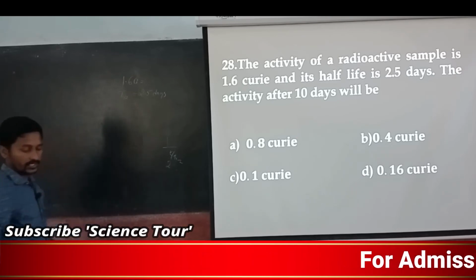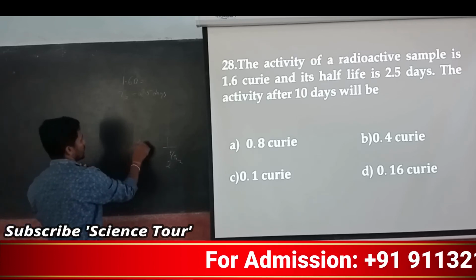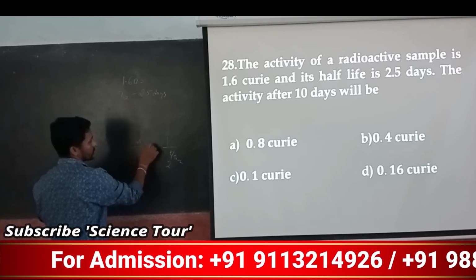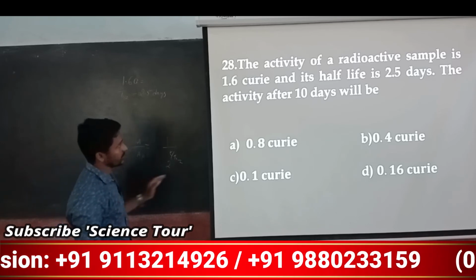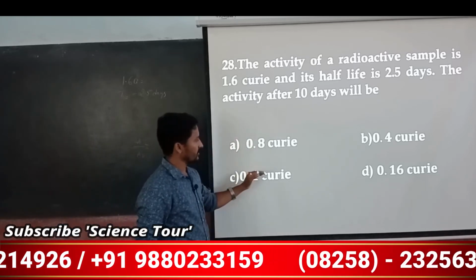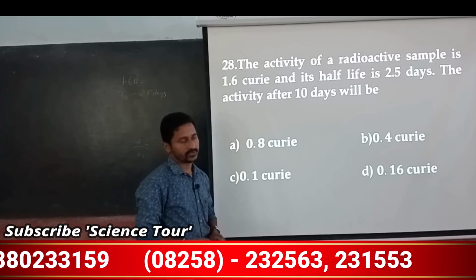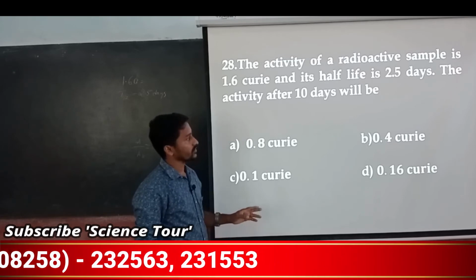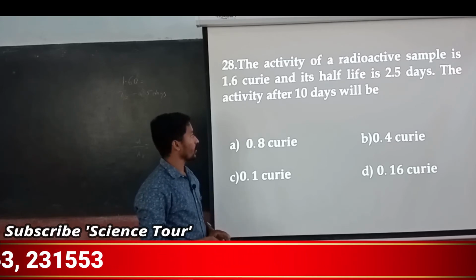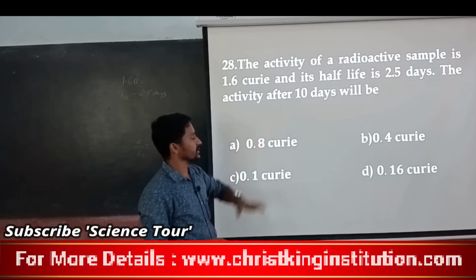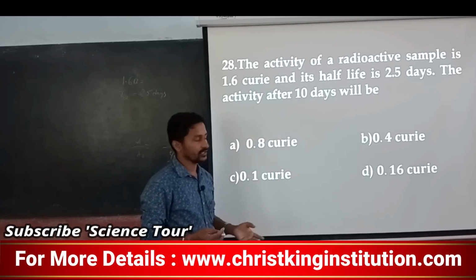You have to see the units, whether they are given in the same or different at first. Here they are the same, days and days itself is given, so there is no need to change.